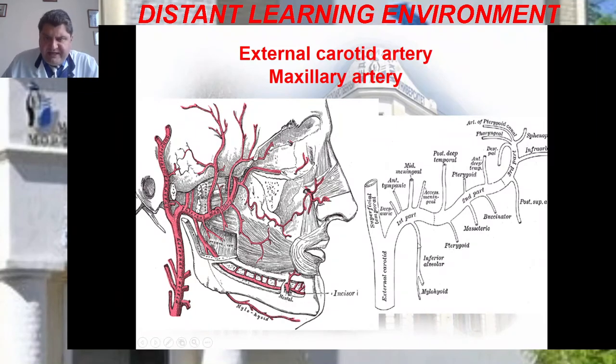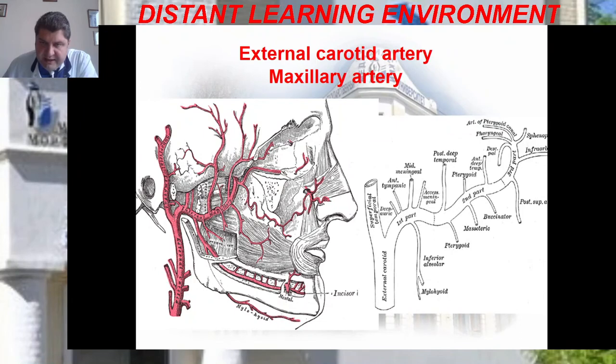So the branches of the first section are sent to the external acoustic meatus. You may see here this branch, the anterior tympanic branch and deep auricular branch.